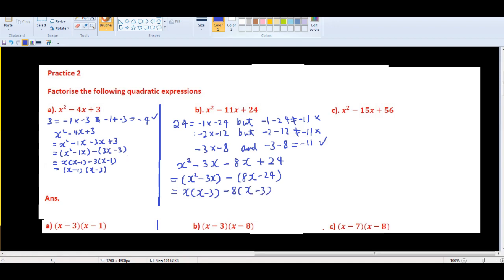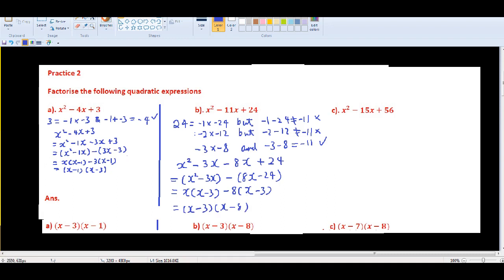So remember, it is minus 24 and not plus anymore, because when you add a bracket and you got a minus sign outside, you have to change the sign inside. So then the common factor becomes x minus 3. So that's how you get the answer.